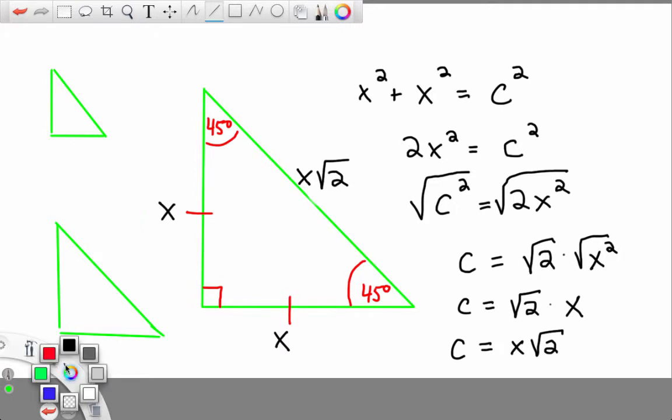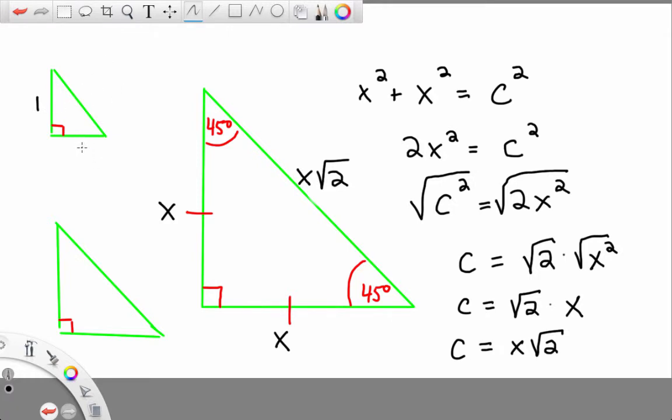And let's put the right angle in the lower left of both of them. Just as a couple of examples, let's say that the length of the leg is 1.